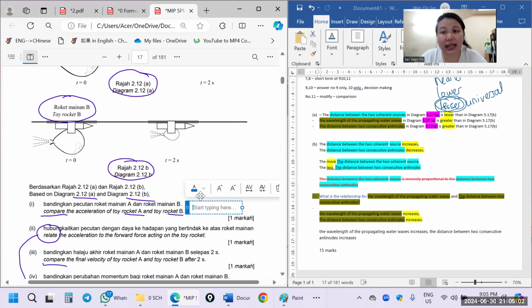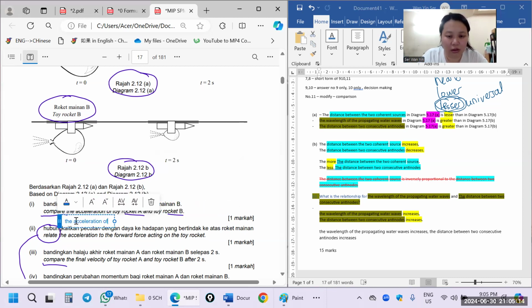Not the sejarah essay, okay? Okay, so now we say the acceleration of toy rocket A is greater than toy rocket B.